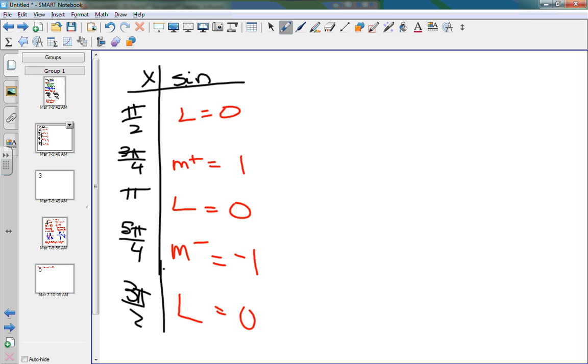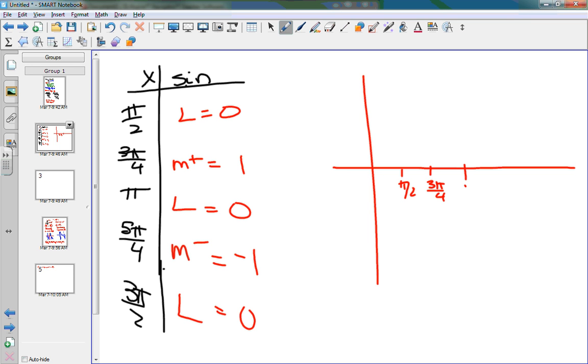So if I graph this thing, I'm going to start at pi over 2, 3 pi over 4, pi, 5 pi over 4, 3 pi over 2. Here's going to be 1, here's going to be -1. Correct?